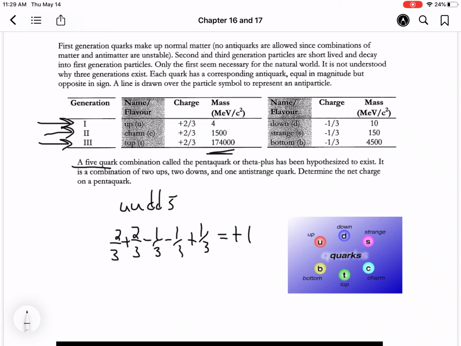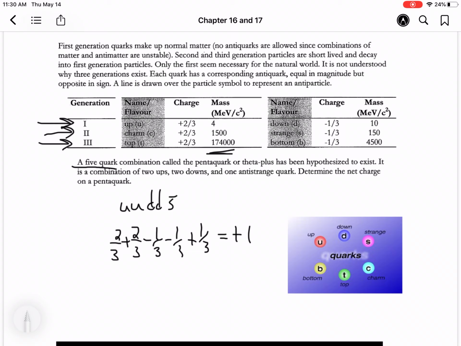But there is this idea of a 5 quark combination called a pentaquark, called the theta plus. It's been hypothesized to exist. It's 2 ups, 2 downs, and 1 anti-strange quark. The reason it's considered possibly existing is that it is mathematically a part of the system that we've discovered.